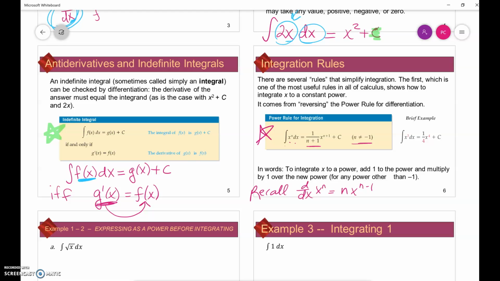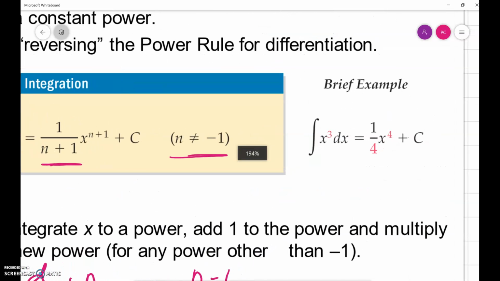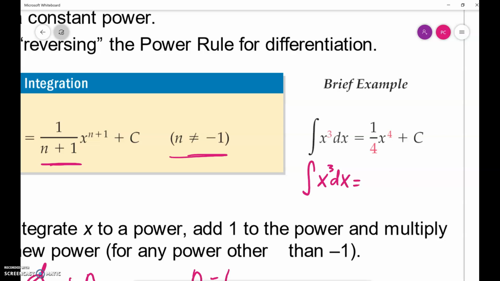And I've got an example here. I'm going to zoom in real quick. The integral of x cubed. So if we take the integral of x cubed dx, I have 1 over 3 plus 1 times x to the 3 plus 1, plus c, which of course gives us 1/4 x to the 4th plus c.